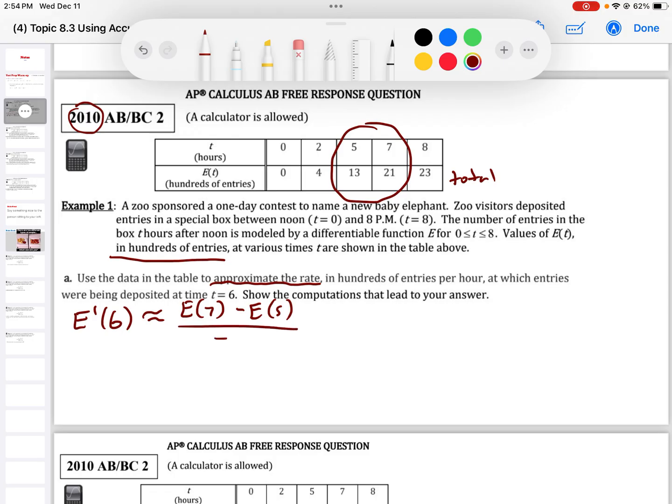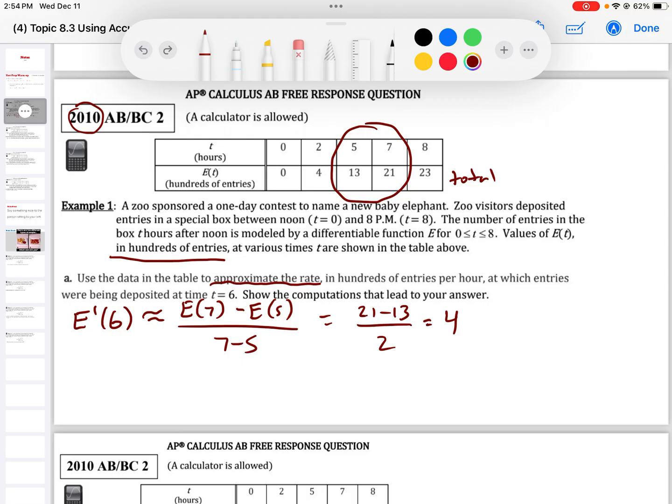It would be E of 7 minus E of 5 over 7 minus 5. Remember, I use the t numbers right around what I'm trying to approximate. So 6 is right in between 5 and 7. E of 7 is 21 minus 13 over 2. It's calculator active, so I think they want you to actually get a number. On top, that would be 8 over 2, so this would be 4.